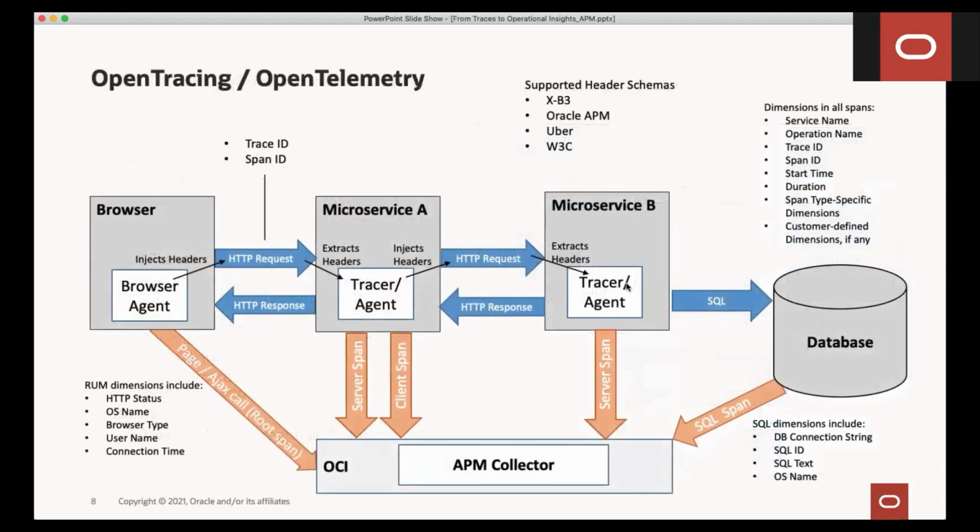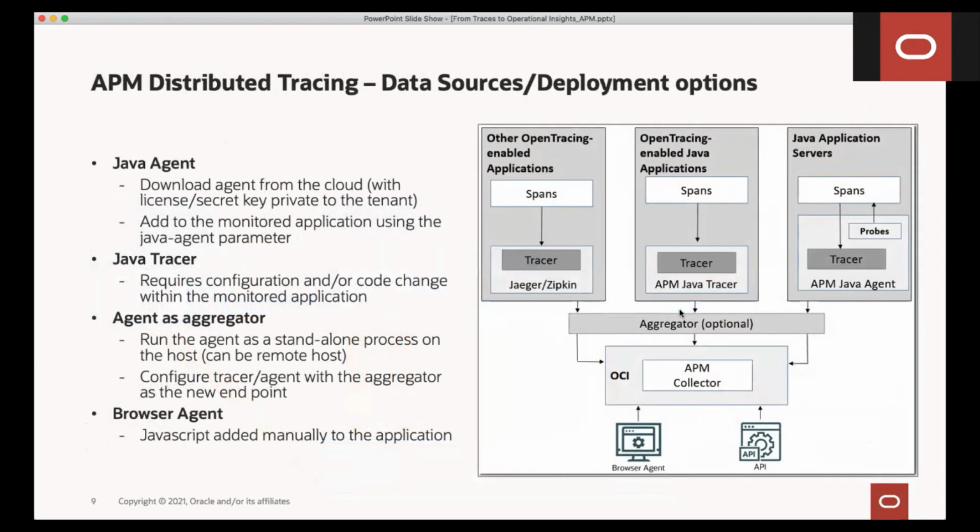An additional component here is the aggregator. If you are deploying, this is optional. You can have each one of these tracers make an HTTP call and send a span directly to our collector. But in some configurations, let's say you're running Kubernetes on OKE or elsewhere, and you have many servers running on the same host, configuration-wise, it may be easier to have only one component that actually goes out.